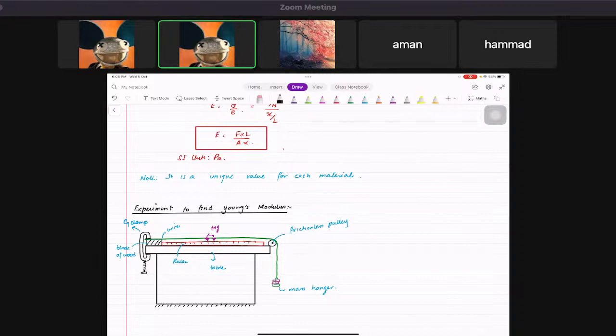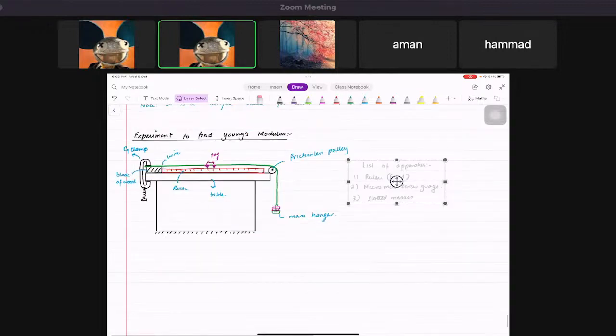So we need a list of apparatus in this. First of all, we need a ruler that is fixed. Then we need a micrometer screw gauge, and we also need slotted masses. Let me explain what they're used for.